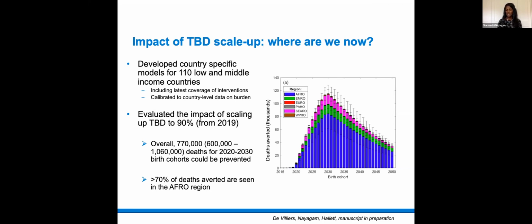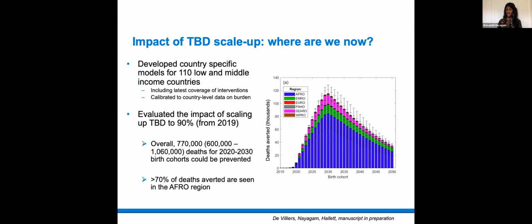And what you can see is that overall, by birth cohort, about 770,000 deaths will be prevented by scaling up hepatitis B birth dose. And then if you look at the panel on the right, where you see the birth cohort on the x-axis and the deaths averted in thousands on the y-axis, we break it down by region.